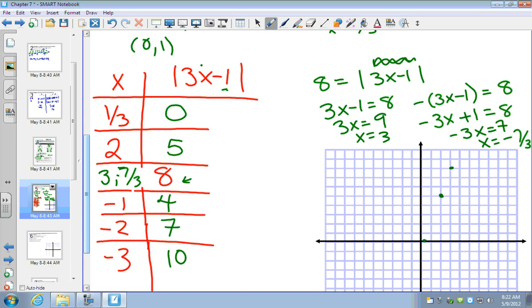We also have negative 7/3, so that's just over 2 and a little bit, and 8. We have negative 1 and 4. We have negative 2 and 7. And we have negative 3 and 10.